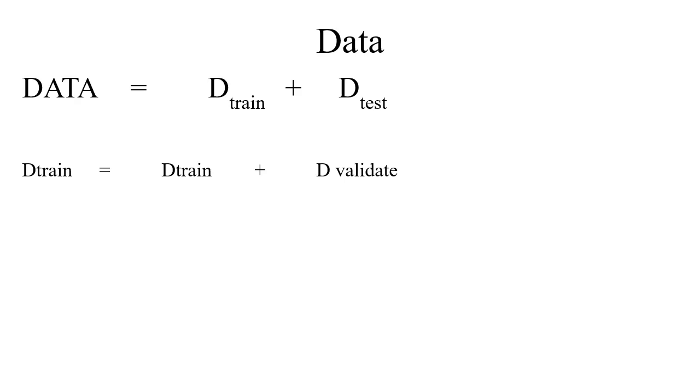So next, we divide the train data into two parts: the train data and the validation data. With the validation data, we repeatedly train the data, then validate it, and then apply it on the test set. But there are times when we get overfitting or underfitting.